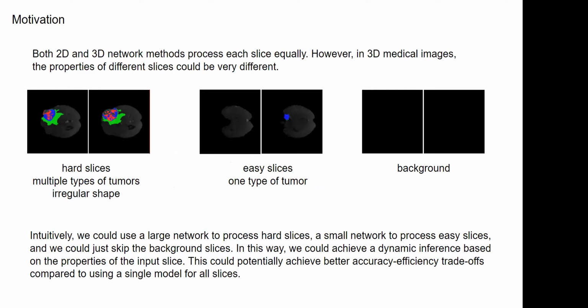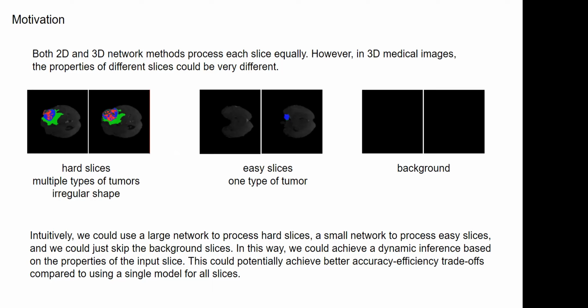Let's say you have a very heavy 3D or maybe 2D ResNet 100. It's not necessary to apply the same network for each of the slices, especially when some of the slices only contain background. Then with a simple measure based on the pixel intensity, you can easily determine, okay, I'm going to directly output all 0 for this entire slice because there's no foreground.